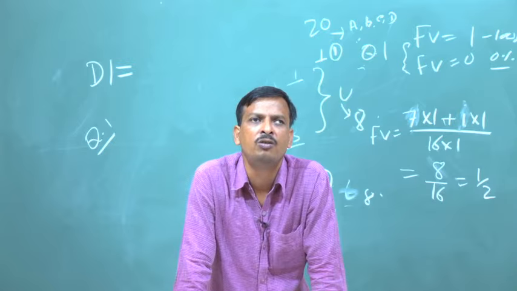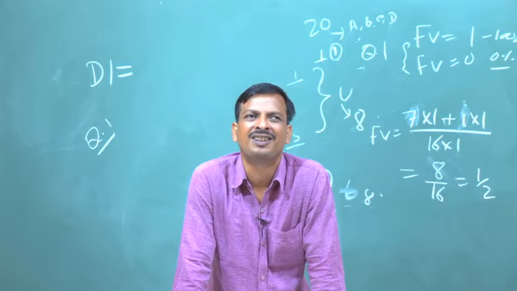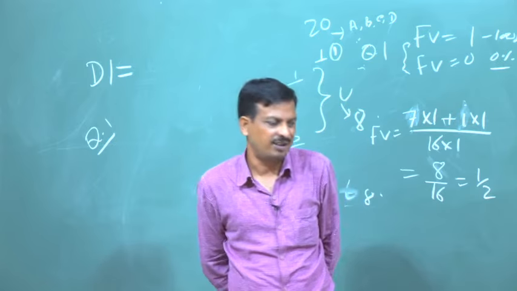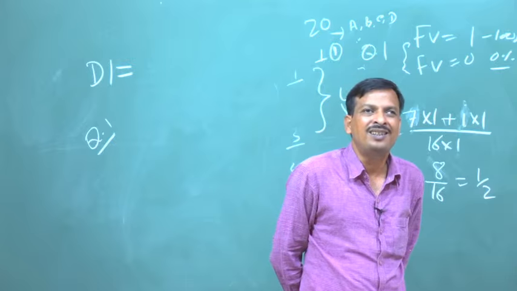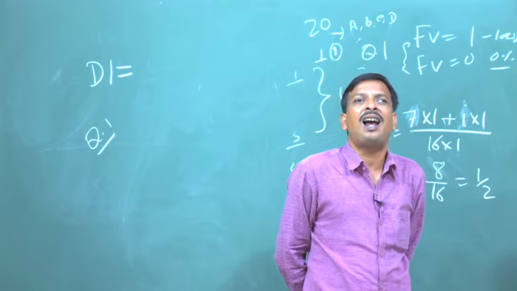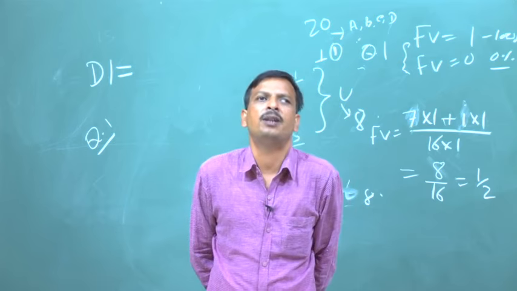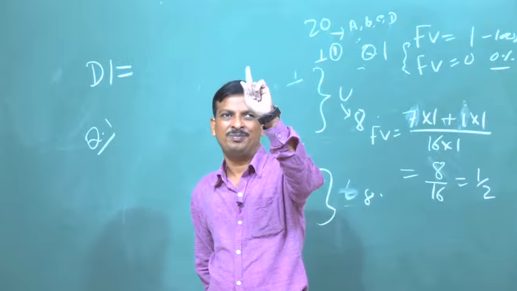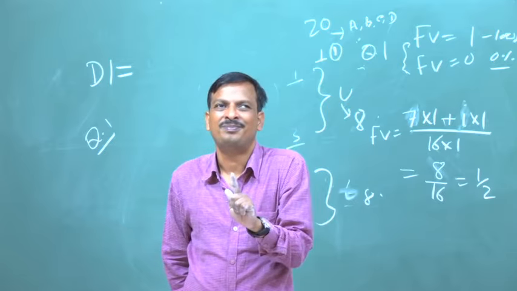Then my DI should be... all upper group students give the correct answer, no lower group students give the answer. So, that means I have a very good question which can discriminate the good students from the bad students. So, the DI value is 1, and only good students can give the correct answer.